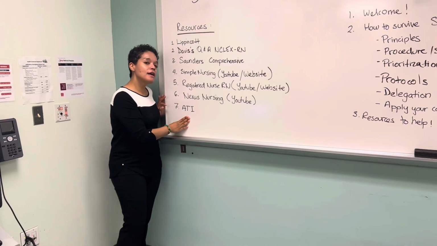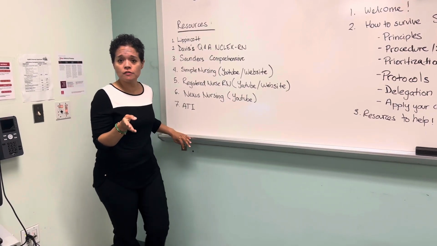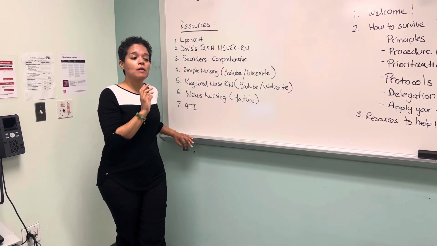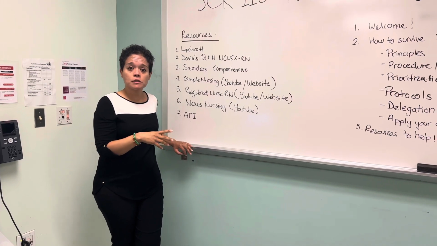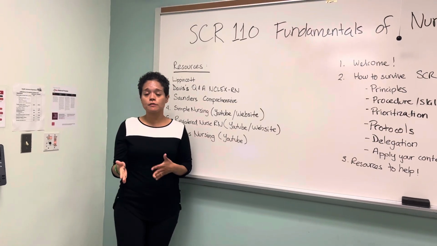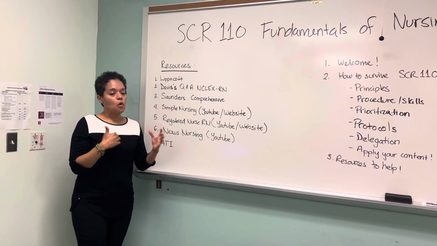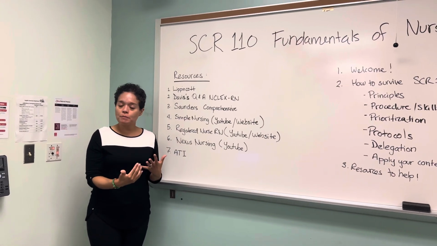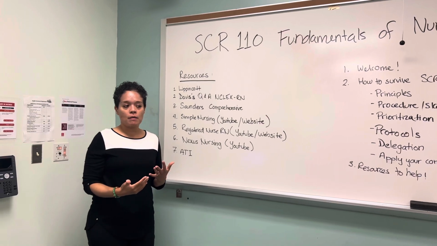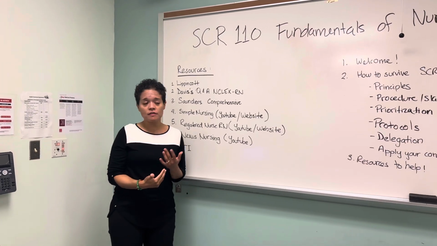Now, ATI, you should have access to ATI as well as the physical books. So there's the online content and then there's the physical books. So the online content, there's also a test bank in which you can access and practice questions.